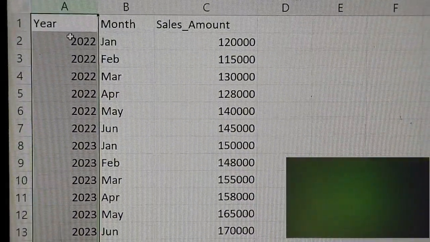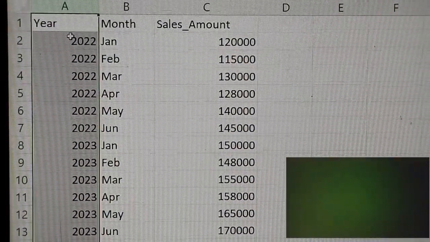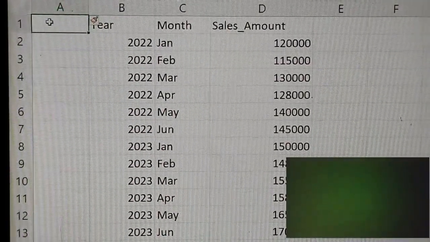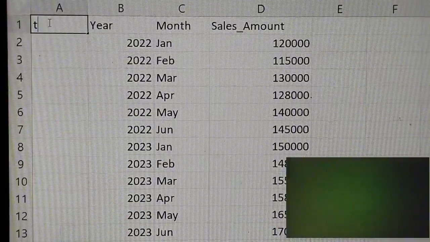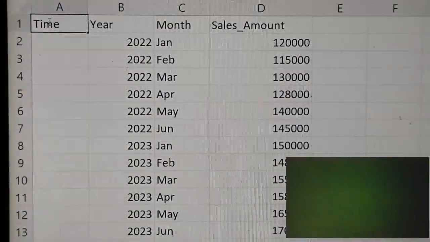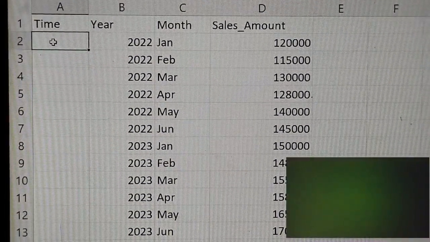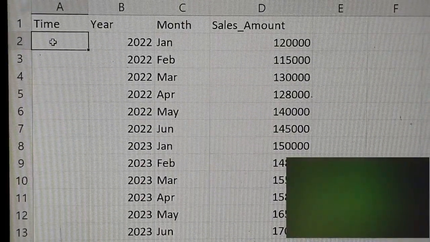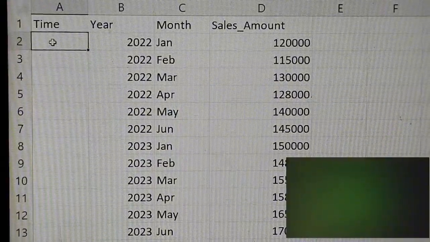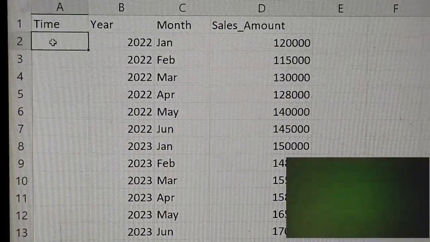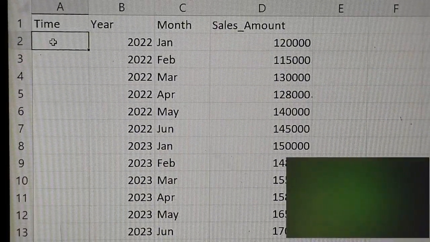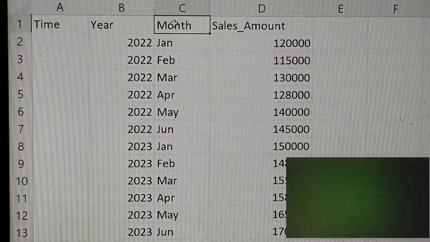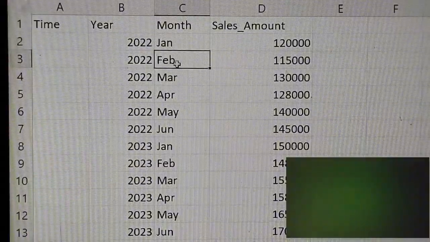We're going to need to add the time. Don't be confused, guys, we're not recomputing this dataset. We're just adding time because linear regression cannot be used with January, February, or March.